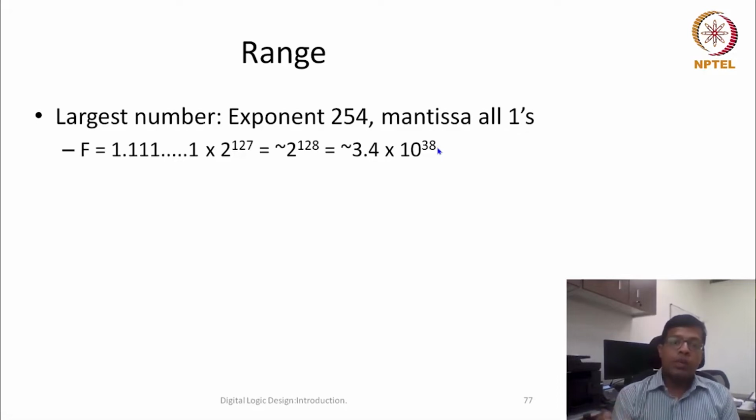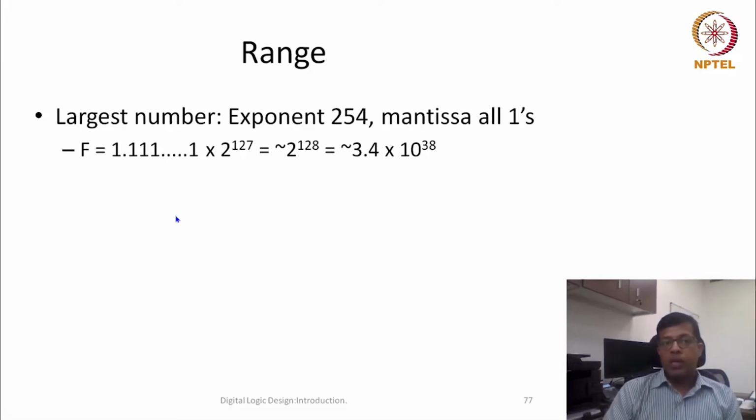And how many decimal digits? Because my mantissa has 23 bits, approximately 7 decimal digits could be there as the fractional part in the scientific notation.